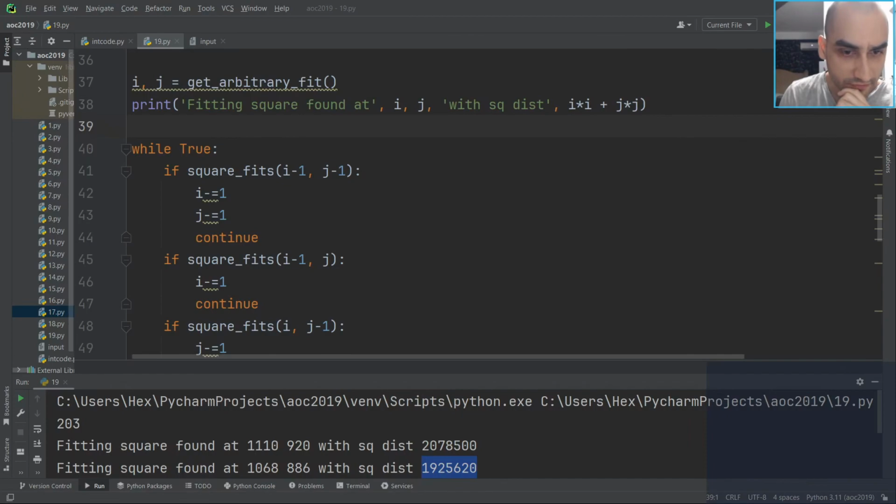X equals 25, y equals 20. So the top left is 0, 0, is it? Yeah.